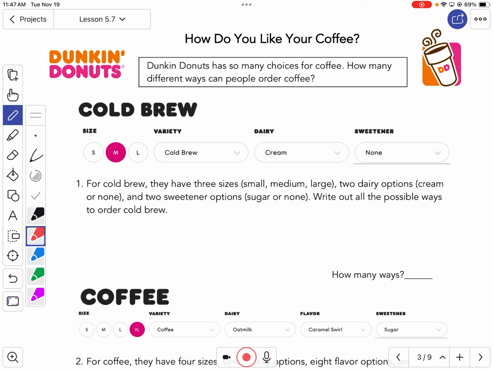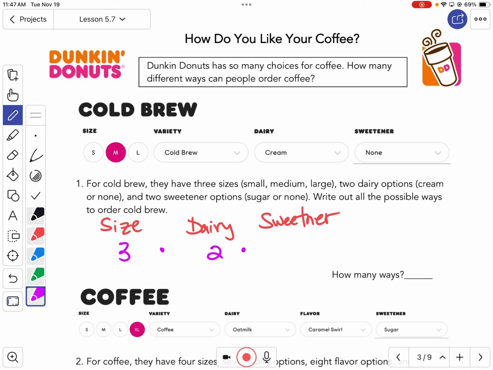Now, I'm not going to list all of these. We're going to do exactly what we did a few minutes ago. What are the categories we're dealing with? Size, dairy, and sweetener. We don't have to do these the long way anymore. So if we want total combinations that are available, we're just going to think of our categories. How many different sizes? 3. How many dairy options? 2.